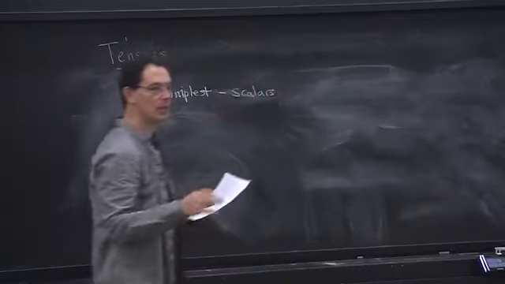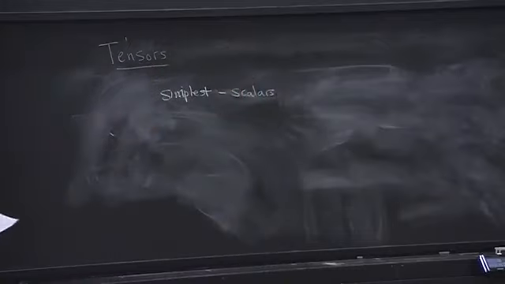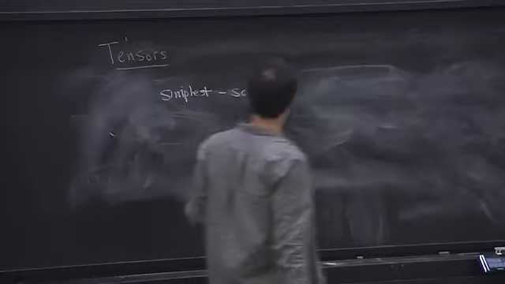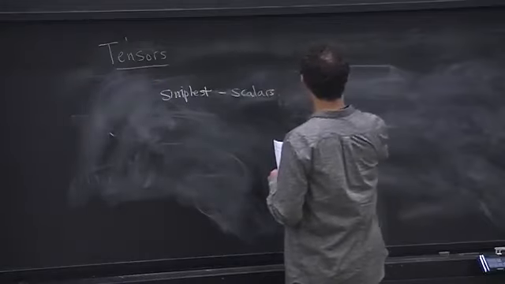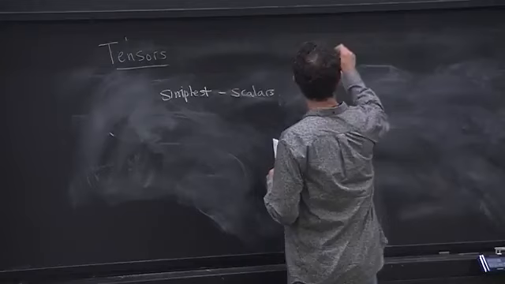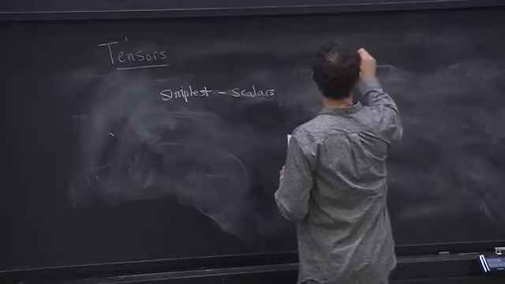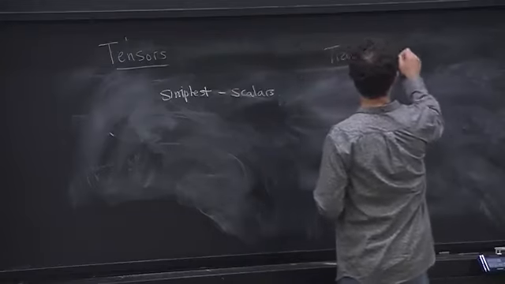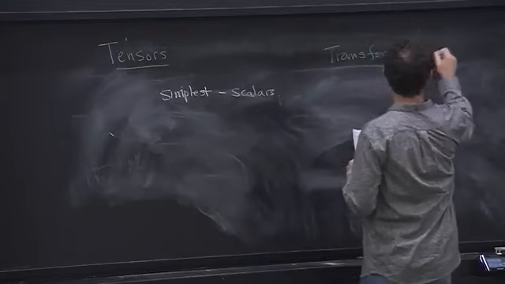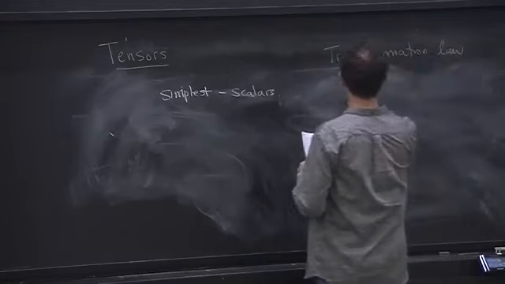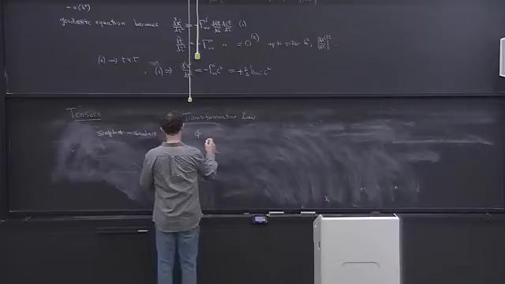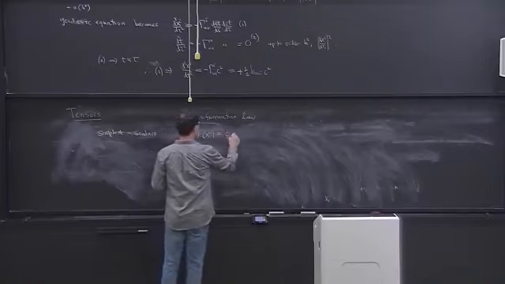Okay, and these are the only ones whose value actually does mean something. Okay, so the transformation law is that phi prime of x prime equals phi of x.